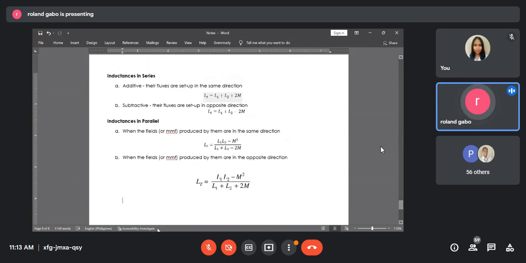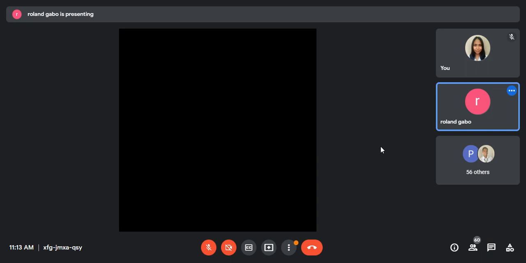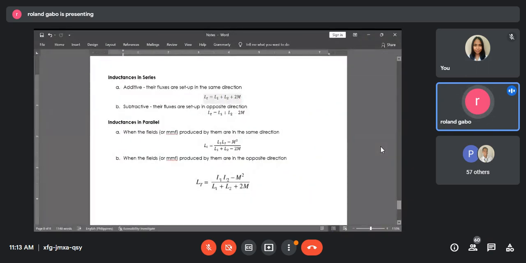So let's have some example. Mangita lang tag examples diri sa lib.